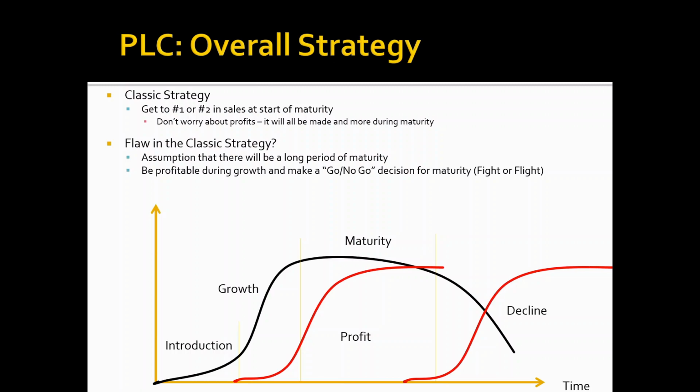You sell the brand, or you disband before the market shakeout. And you take that income that you did earn, and hopefully you've been reinvesting that into developing the next generation of products. Or you make the decision to stick in there and go through maturity.